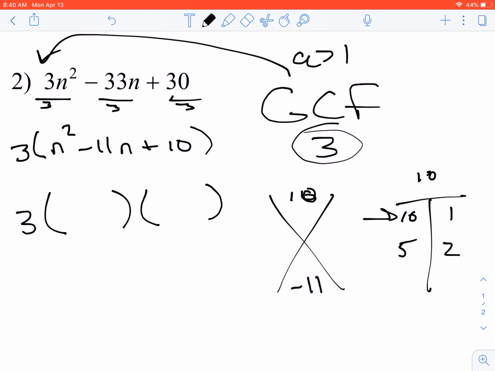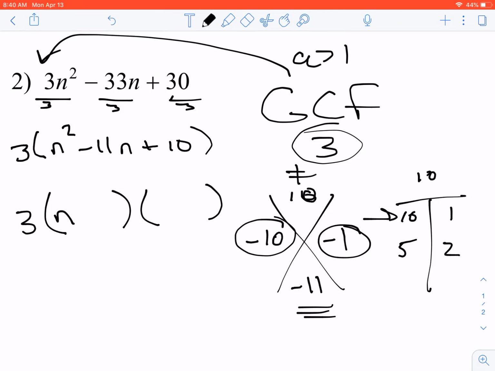But if I need them to add to be negative 11 and multiply to be 10, the only way I can add 2 numbers and have them be negative and multiply them and have them be positive is if they're both negative. Negative 10 times negative 1 is 10, and negative 10 plus negative 1 is negative 11. My puzzle works. These are my two numbers. They will move over here into my factor pair, n minus 10, n minus 1, and you're done.